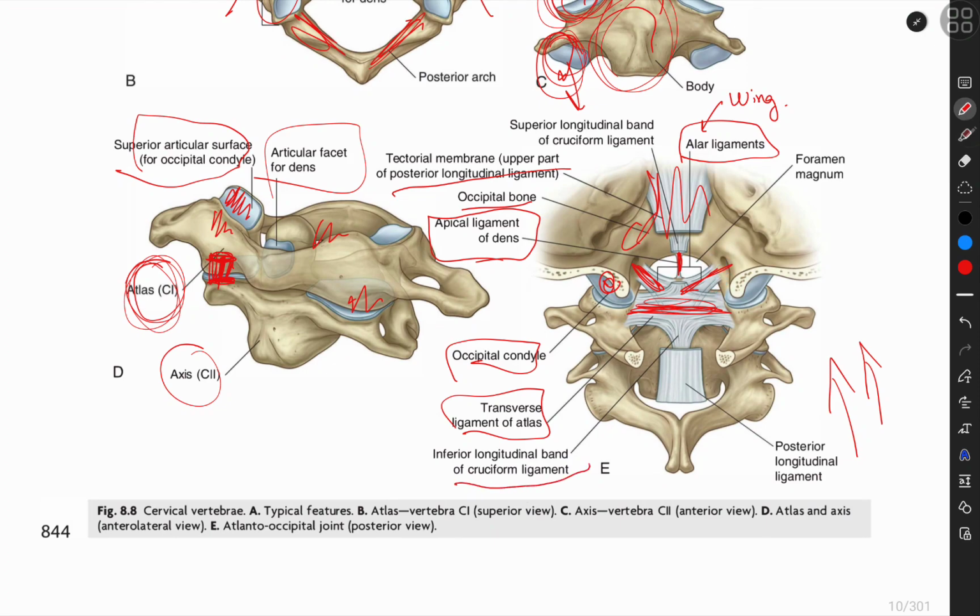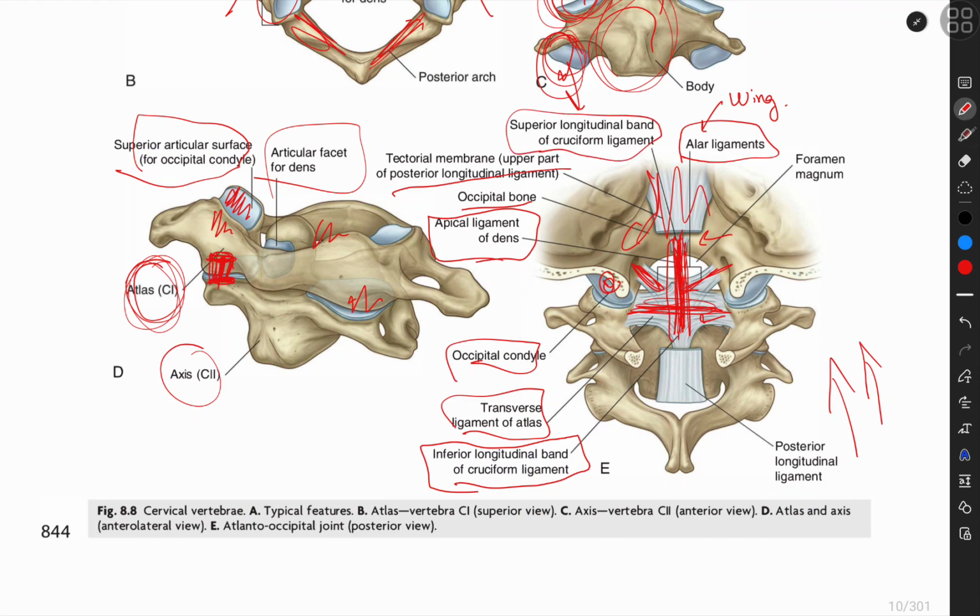Yeah, inferior longitudinal band of cruciform ligament. So the cruciform ligament should also continue, but it does not. The cruciform ligament is divided into the superior and inferior parts, or the superior and inferior longitudinal bands, if you want to be more articulate.